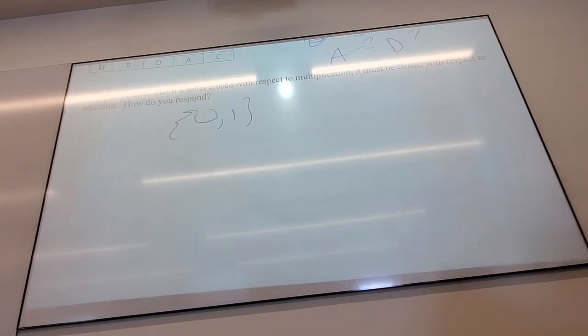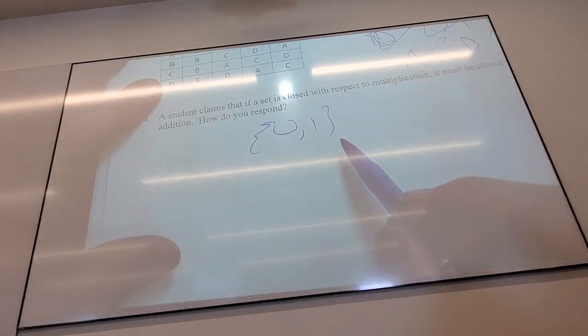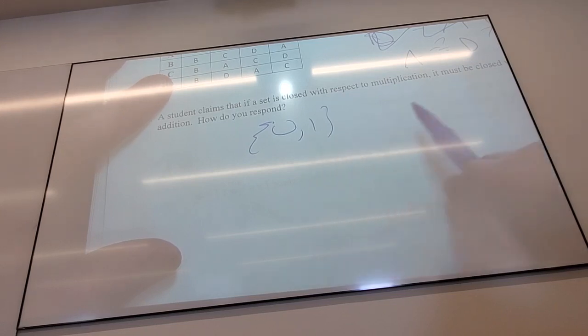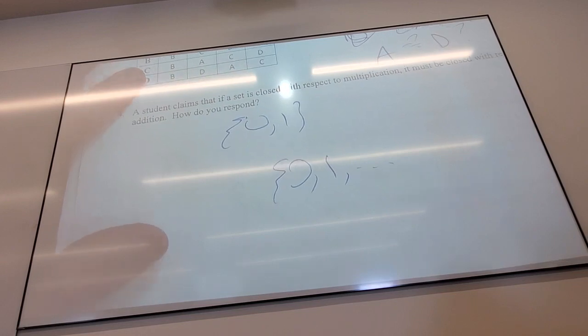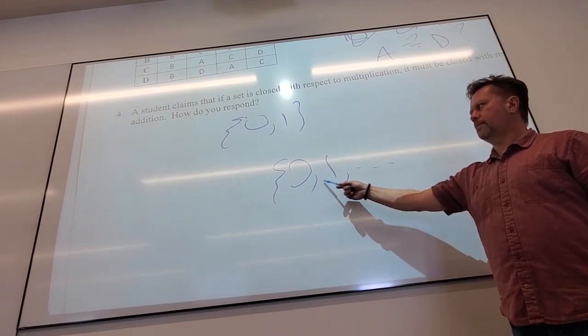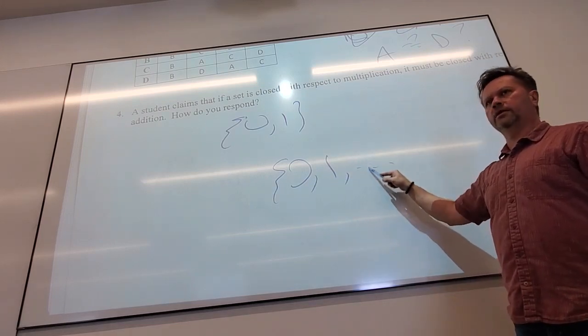Okay. The minute I do this, how many numbers do I have to add so that it's closed with respect to addition? I think there's a question in the homework exactly like this. The minute I put a 1 here, how do I make it closed? Can I just put a 2 and then it's closed?